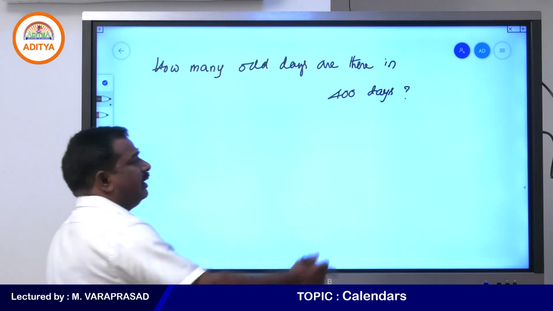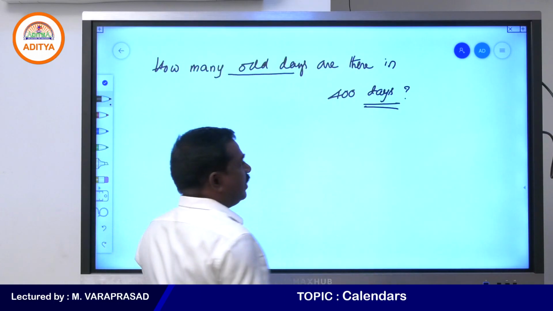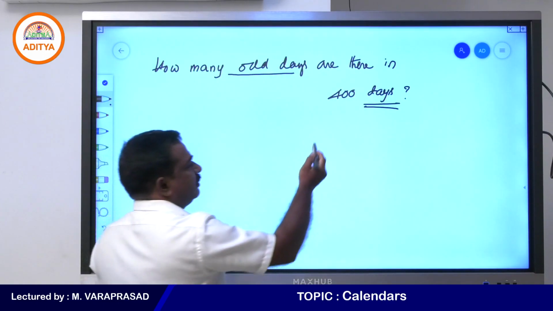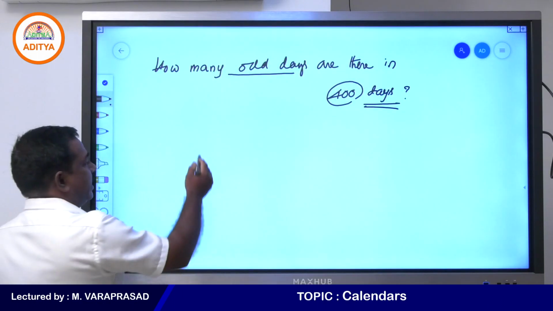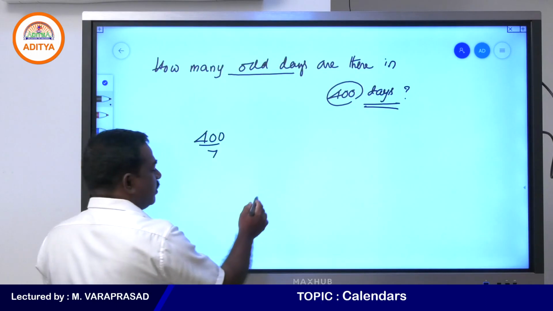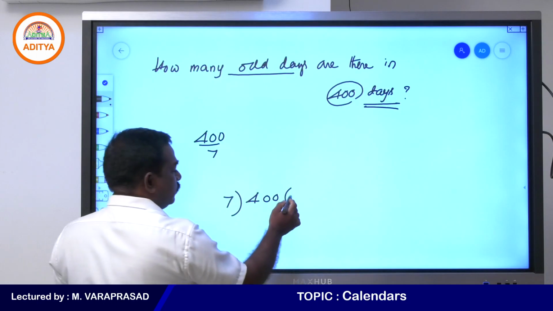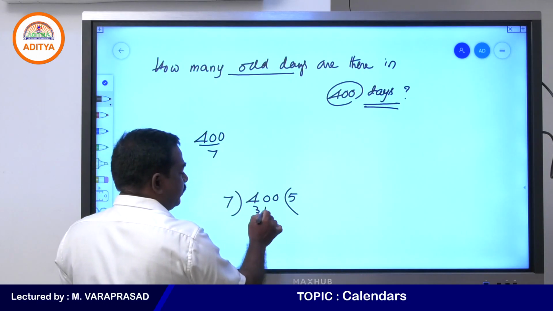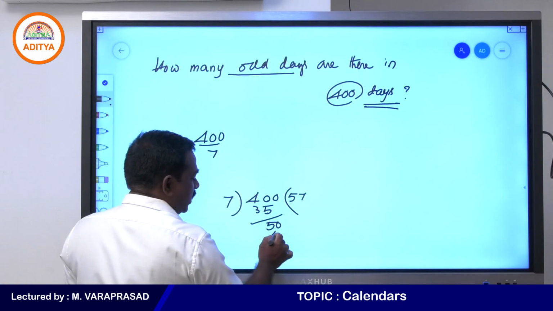When days are given, to find the odd days, we can divide the given number by 7. Suppose we take 400 by 7. How many weeks will you get? 7 5s are 35, 5 remains, 50. 7 7s are 49.